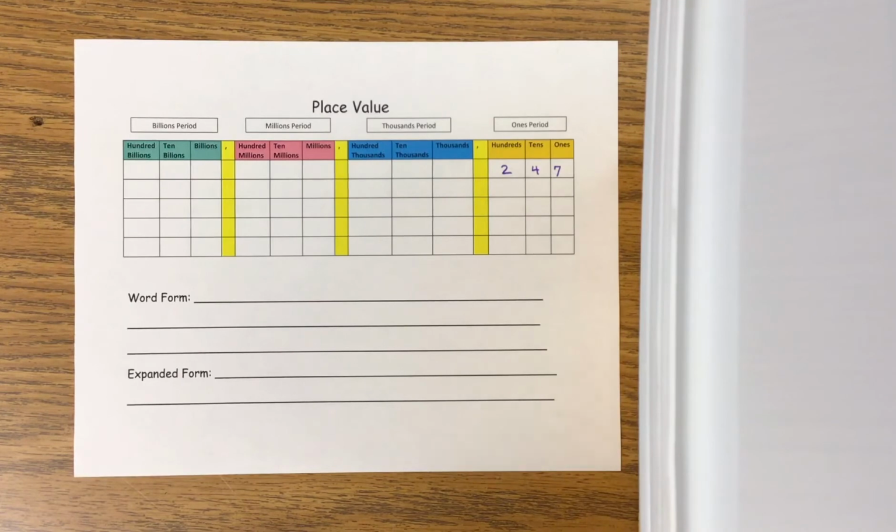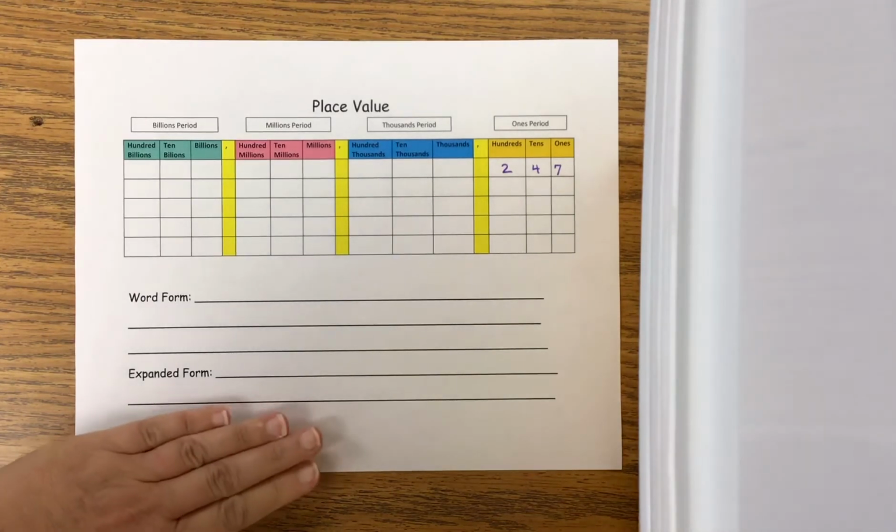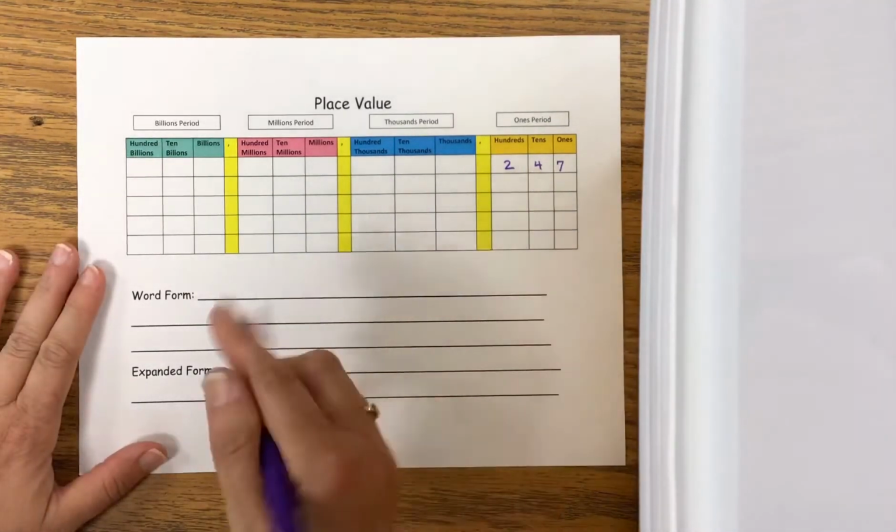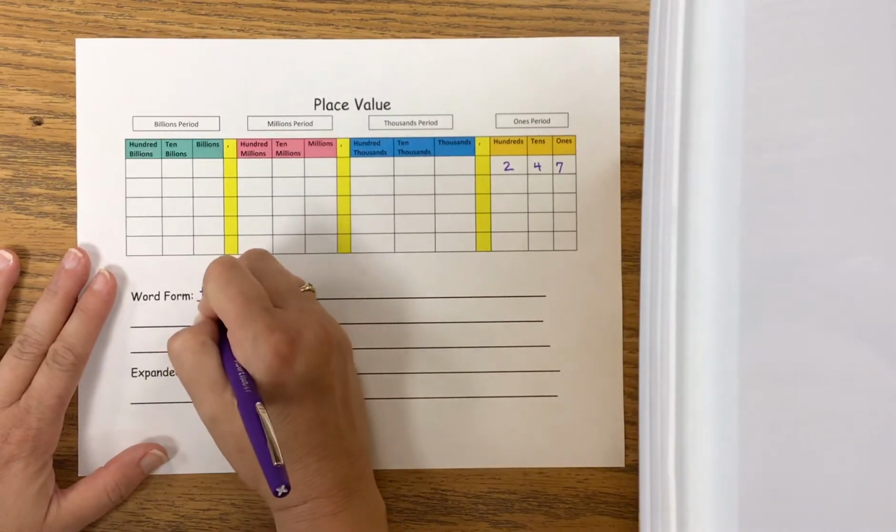Sorry, I misspoke a little bit ago. All right? So now I'm going to take that number 247 and I am going to write that out in word form. We're not today going to worry about what's called expanded form on the bottom. We're going to get to that, but we're not going to worry about it today. So I'm going to write that number out, just like I say it.